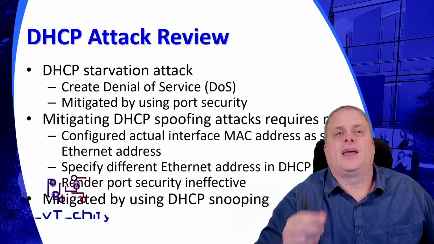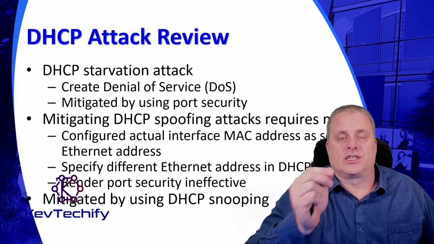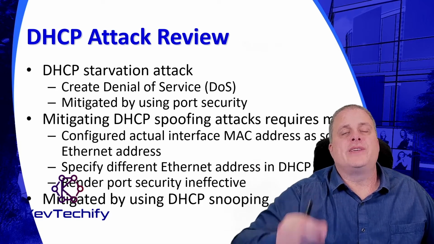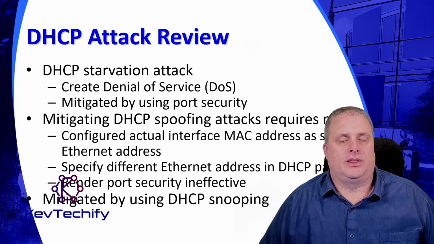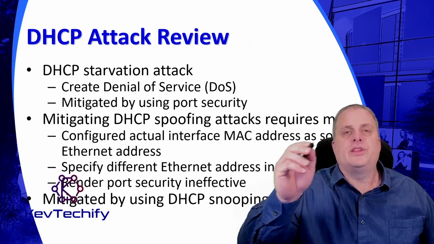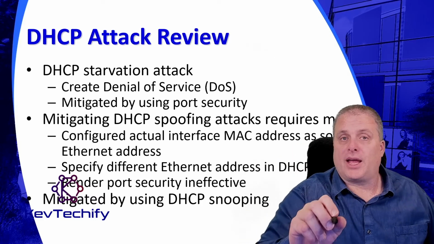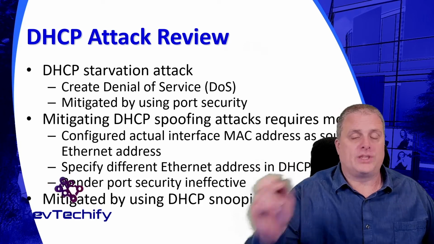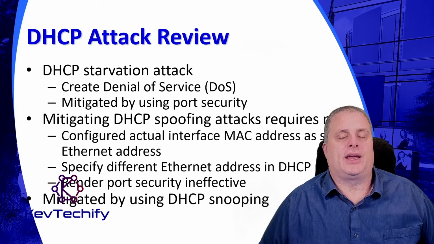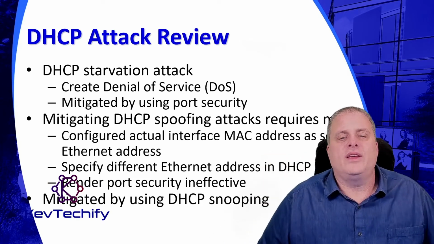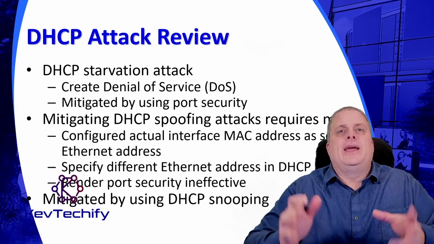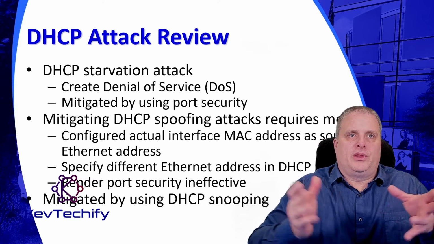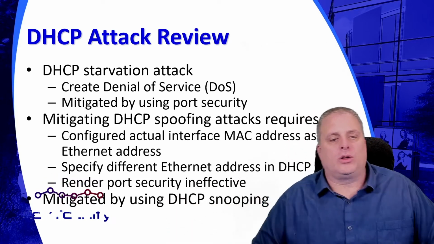Because we have the DORA process, we make that discover using a different MAC address at that point in time. Or we could do the discover with our correct MAC address, get the offer, and then send back the response with a different MAC address. There's a couple different ways of doing it, but basically it gets by port security. Yes, you can mitigate it with port security, but you can also get around it.